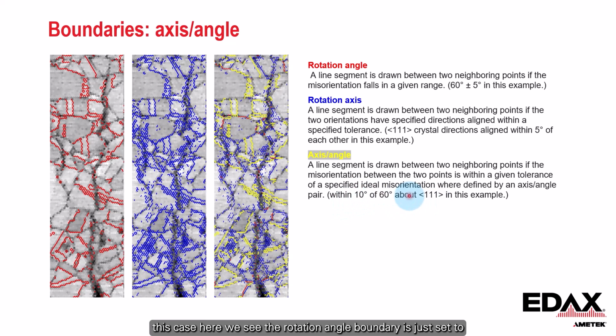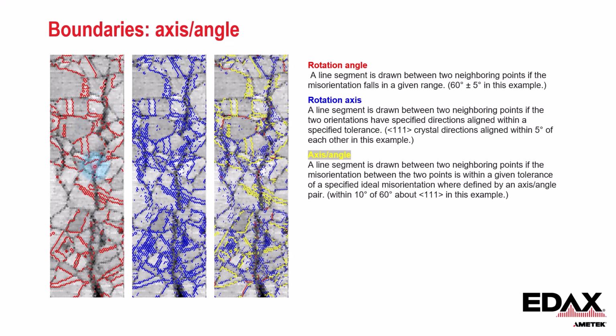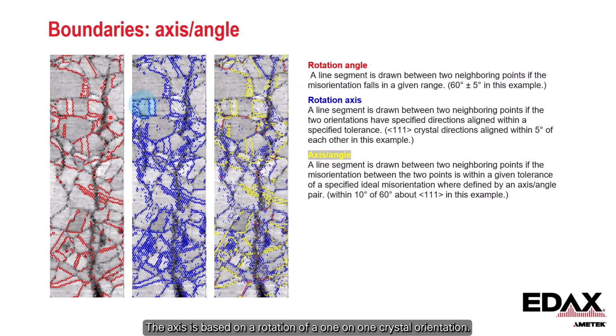In this case, we see the rotation angle boundary is set to a 60-degree rotation angle with plus or minus 5 degrees. The axis is based on a rotation about the 1-1-1 crystal direction, within 5 degrees. Then we can align those as an axis angle pair to enforce both of those requirements on the boundary type.